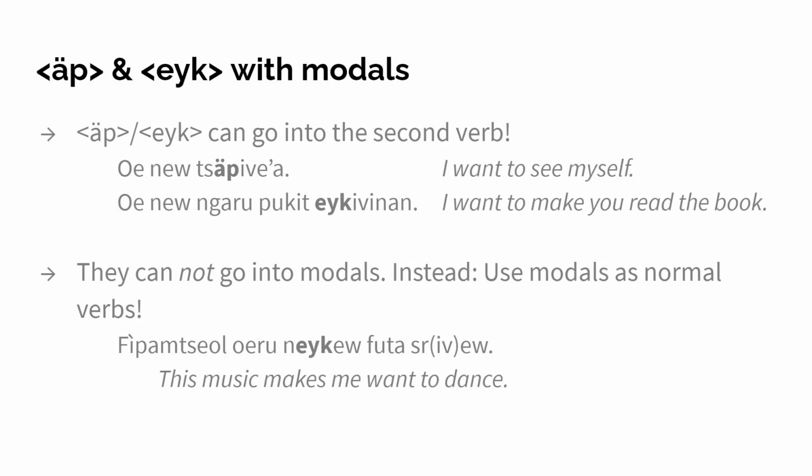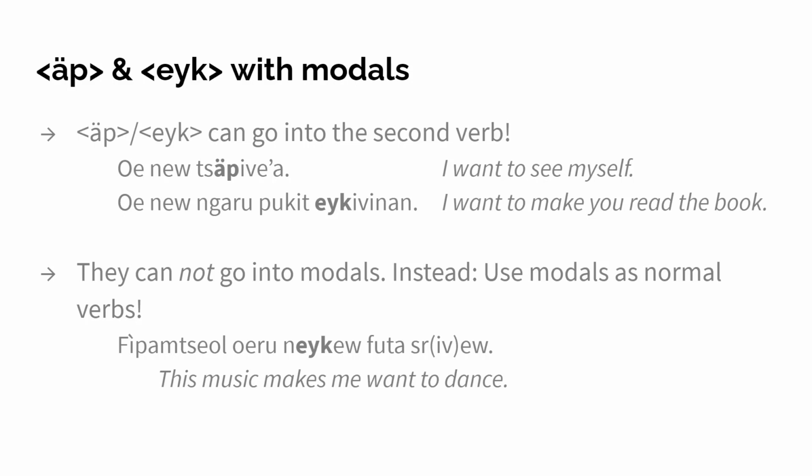We can also use modals as normal verbs. I can say, well neo siuveti, I want food, a normal transitive sentence. And we can do the same with a futa subclause to put our verb in. So we get something like fepamtsiol, weru, nekeo, futa sreo, or futa sreveo, both are possible here.